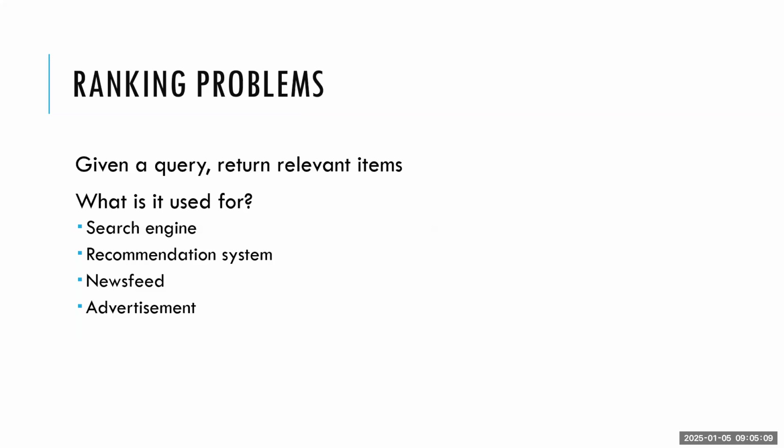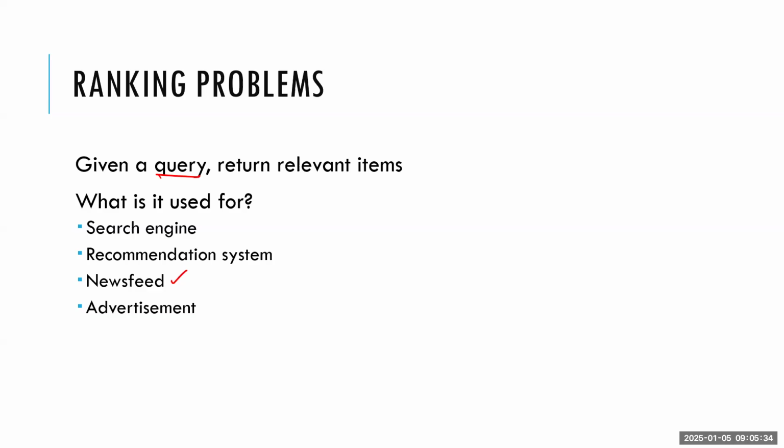So for ranking problems, you have a query, and you want to return relevant items. For example, in a search engine, you type in your keyword, and then it will give you a list of pages. Or a news feed, right?